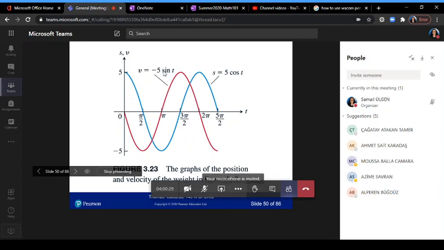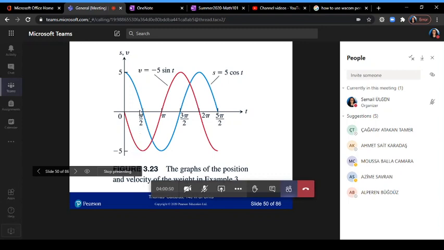And what's the velocity? If you take the derivative of this, you get -5 sine t. At time t equal to 0, the velocity is 0, and then because of the weight, the velocity is in the opposite direction with 5 at pi over 2.